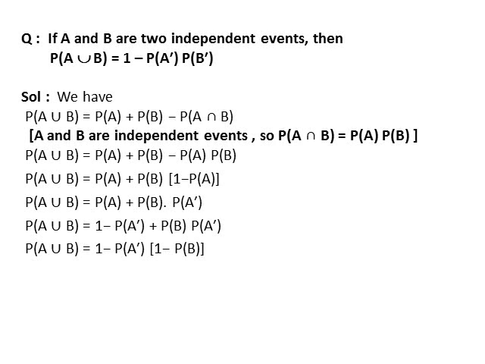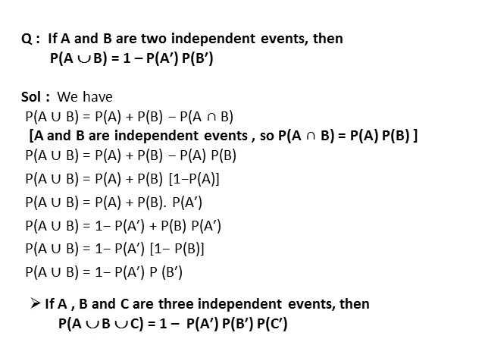In next step, write 1 minus PB as PB complement. So, we have proved probability of A union B equals 1 minus probability of A complement multiplied by probability of B complement. Students, while solving the question, if required, you can directly apply this result.